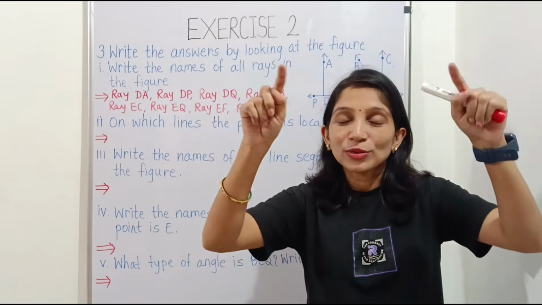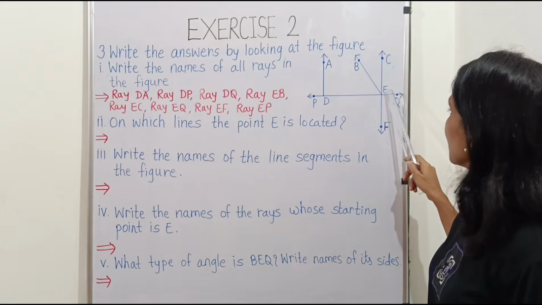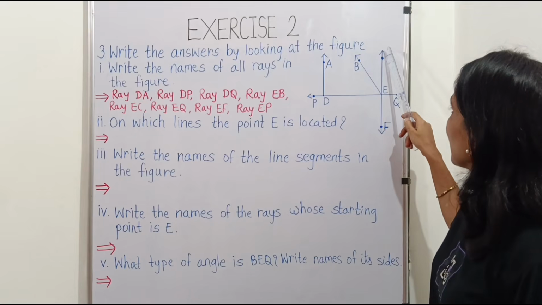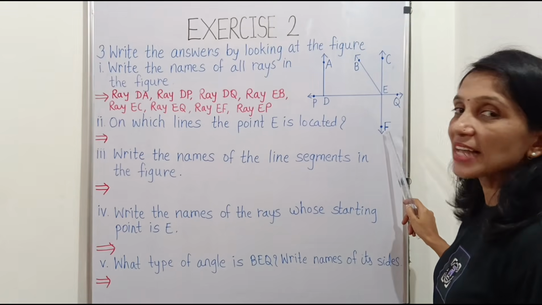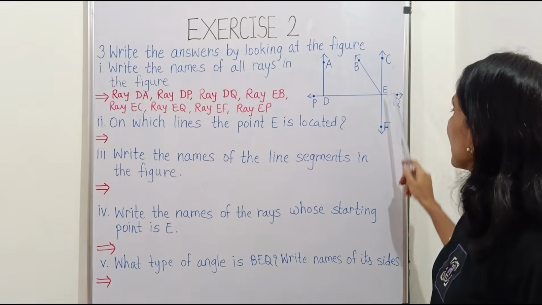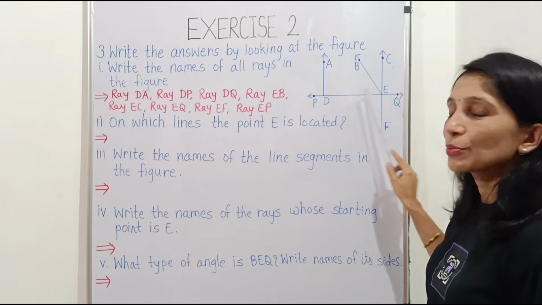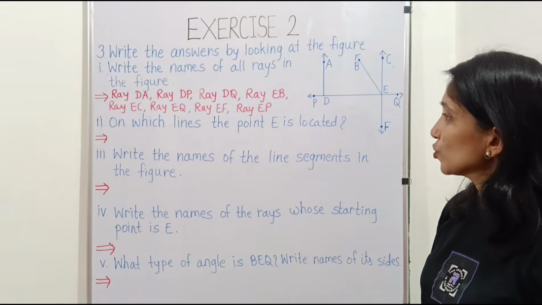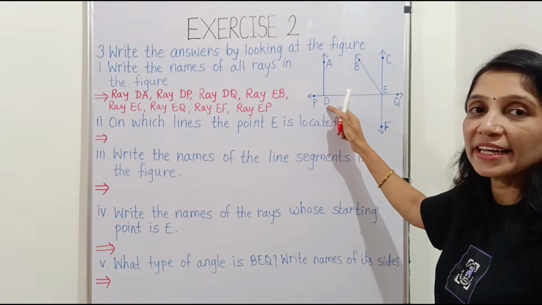That means you can see arrow to both its sides. So let's see. Here it is point E, and see this line, both sides, it has arrows. That means line CF. And second one is line PQ. So you can write two names here, line CF and line PQ.